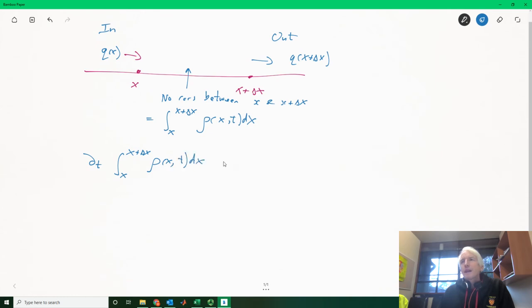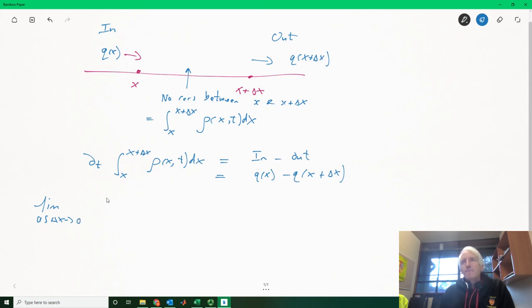This makes perfect sense, it has to be true. So it equals Q of x minus Q of x plus delta x. Now we take the limit as delta x goes to 0.